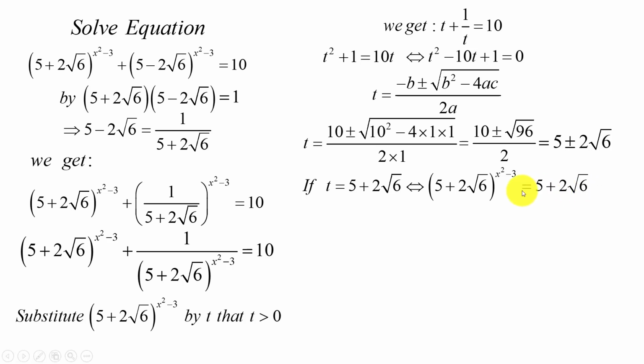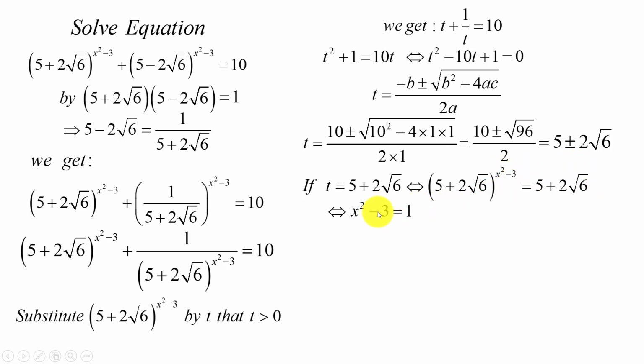We see this: if we have a power x equal to a power y, we get x is equal to y. And this 5 plus 2 square root 6 is power 1. So I can write x squared minus 3 is equal to 1.